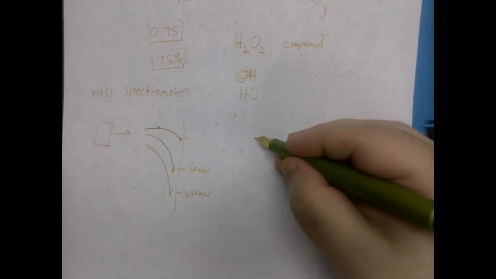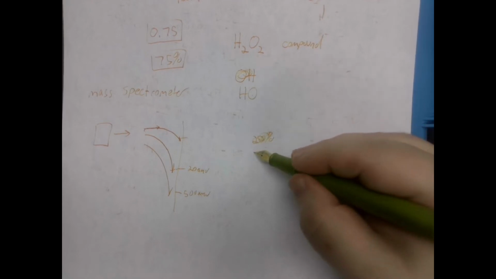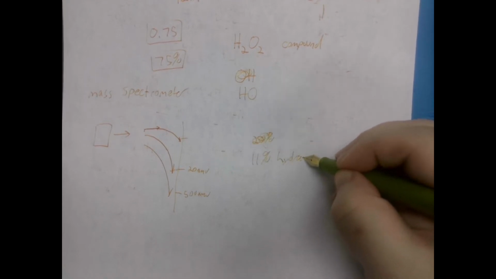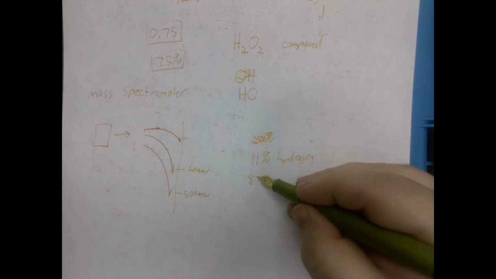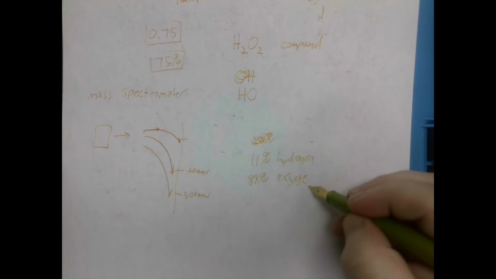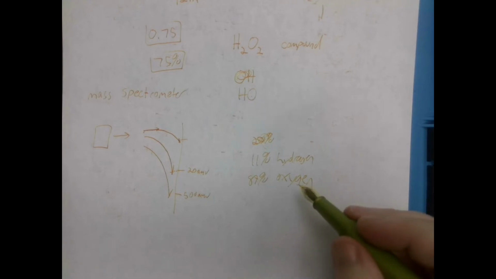We'll wind up saying it's about 11% hydrogen and about 89% oxygen. We'll then get the empirical formula for this.